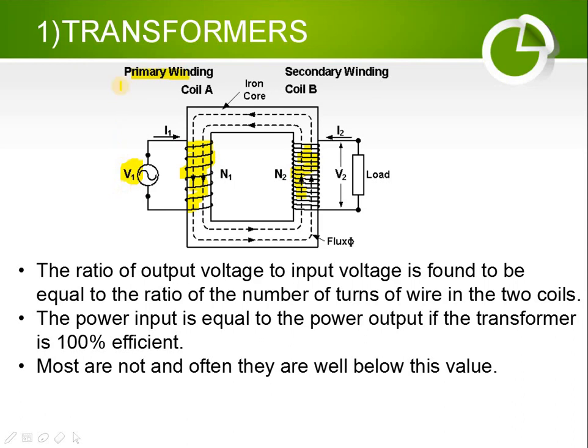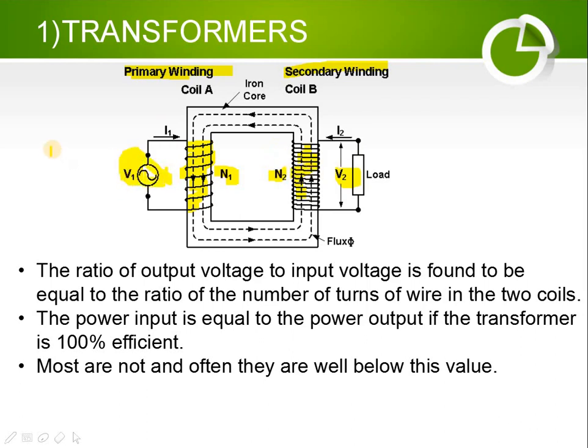Basically it's VP, where P represents primary, and this V2 is basically VS, for the secondary coil. And the number of turns is the same: you can replace N1 with NP, the number of turns in the primary coil, and N2 with NS, the number of turns in the secondary coil. The load is always connected with the secondary coil, and the source with the primary coil.